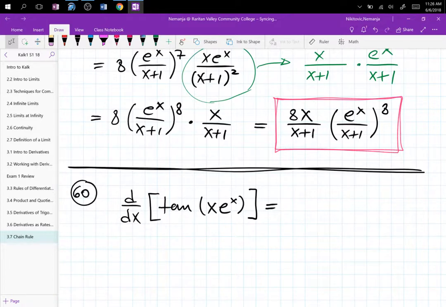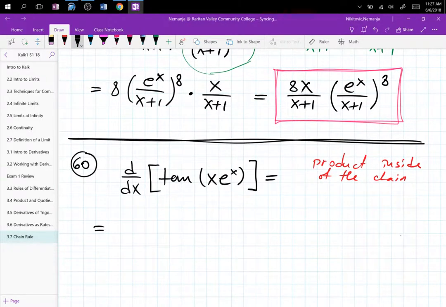Can anyone tell me what we have? Product inside of the chain. Good. So, product inside the chain. There we go.